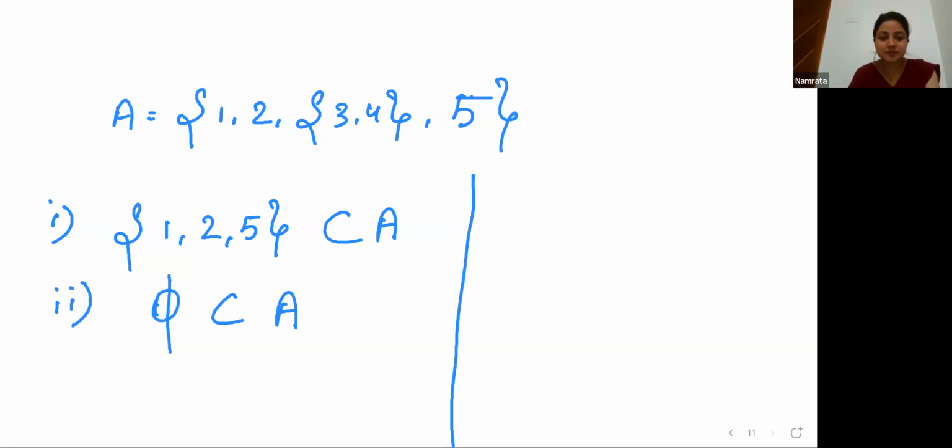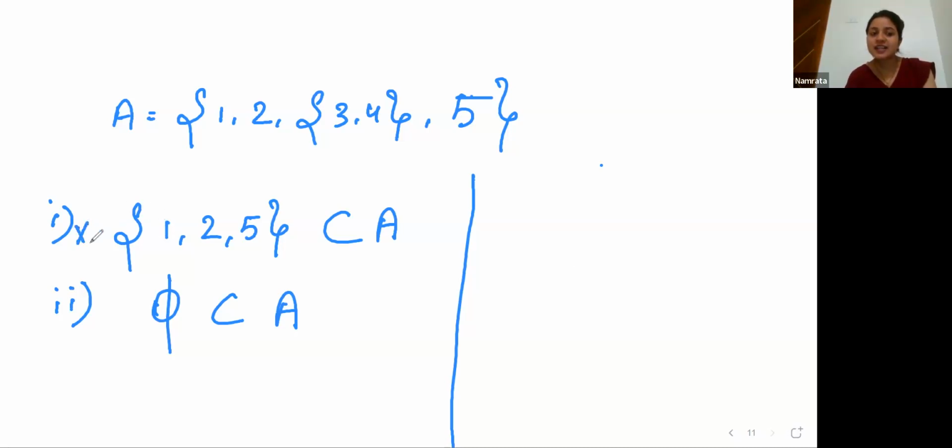It is correct. The first one is correct, right? Yes. Right, Lena? Yes. Why? Because there is a set having these elements.